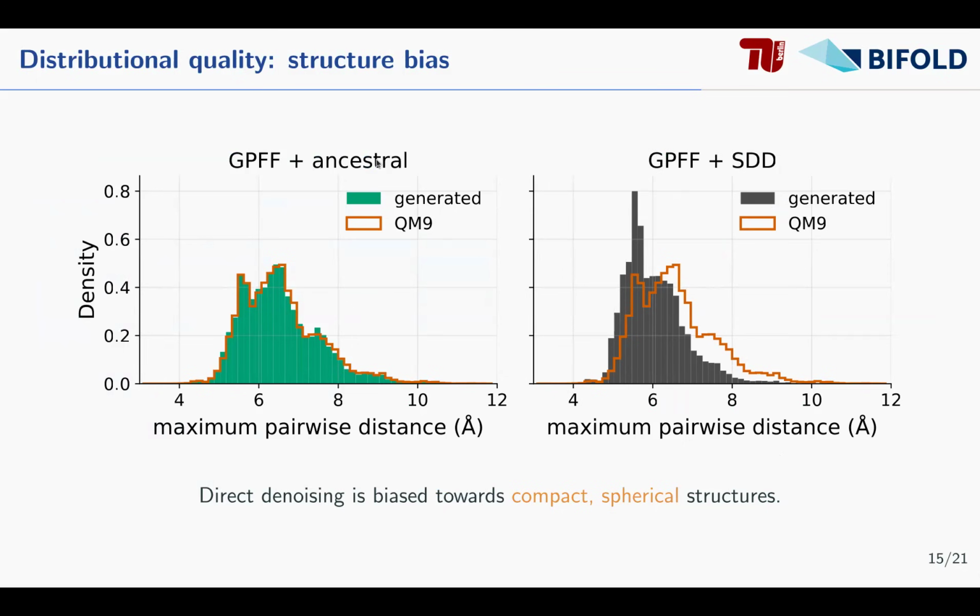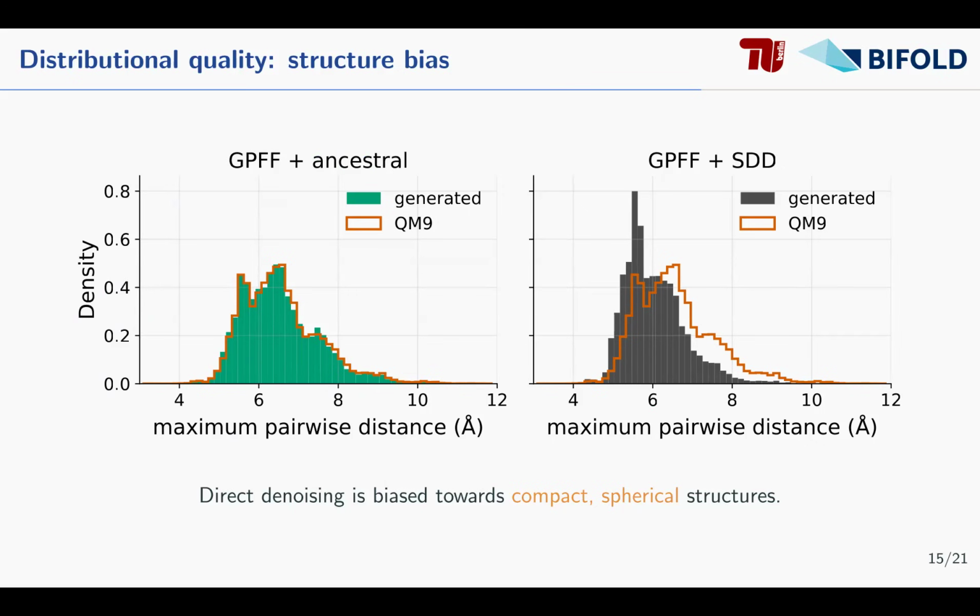And for ancestral sampling, we can see that we clearly match the QM9 target distribution, but for direct denoising, we have this bias towards lower maximum pairwise distances, which means that we sample more compact structures. So if the maximum pairwise distance is low, molecules are more like spherical, and if the maximum pairwise distance is large, it's more like long-chained molecules.